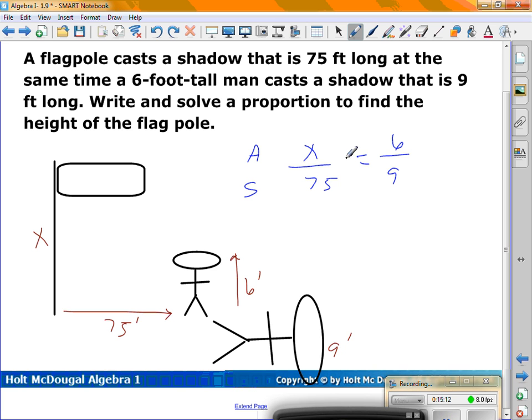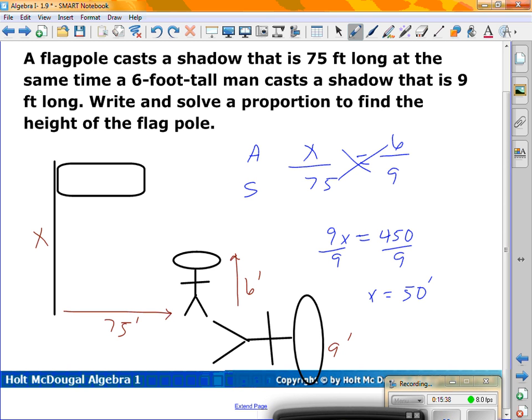I cross multiply. 9x equals, all right, 75 times 6. 450. Divide by 9. Let's see. I know that 9 goes into 45 5 times, left with a 0. The flagpole is 50 feet tall.